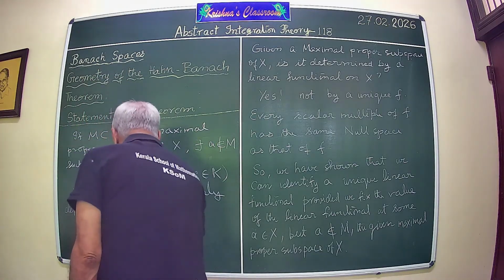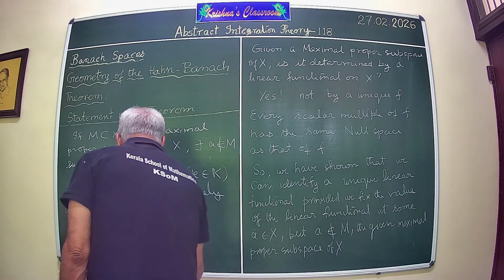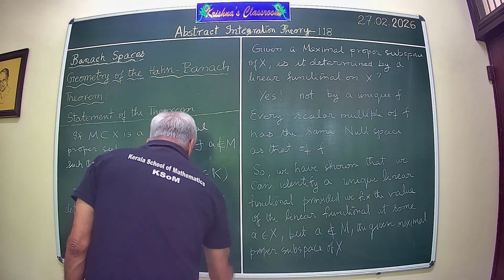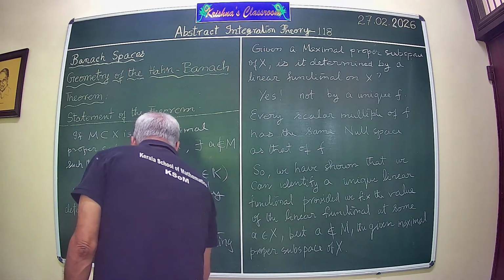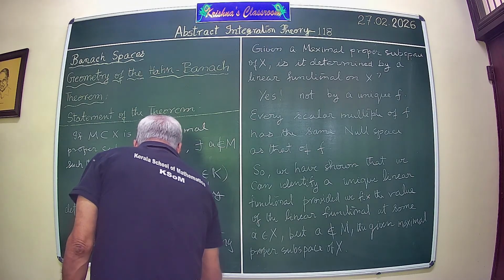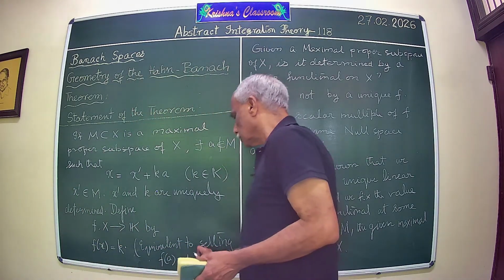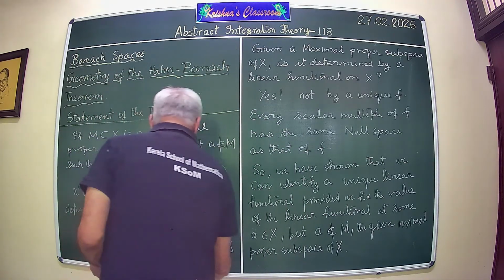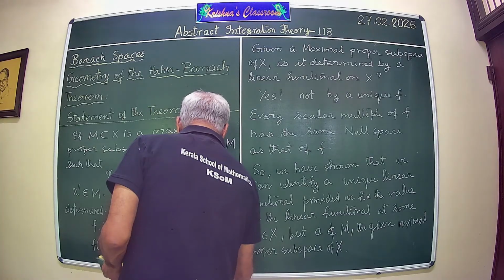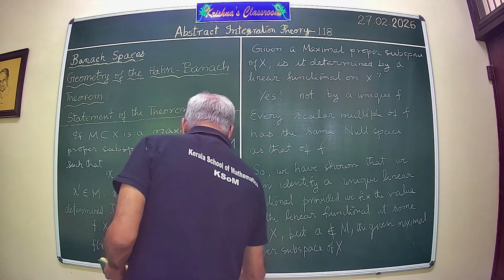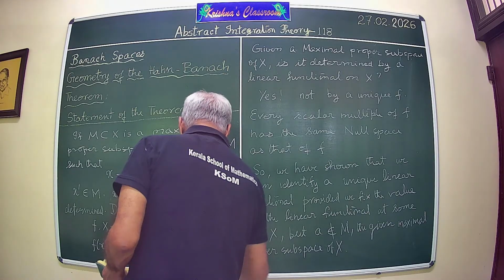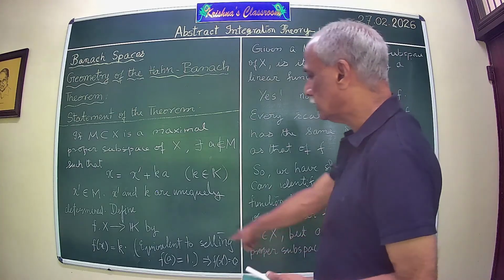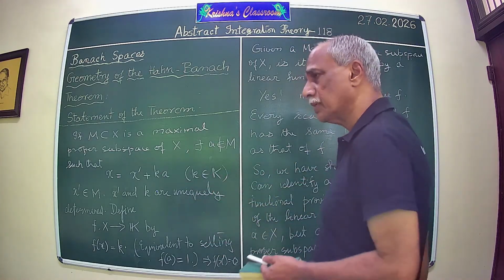This is equivalent to setting f of a equal to 1. And of course, this would mean that f of x prime equal to 0 for x prime in M. So this is a linear function.